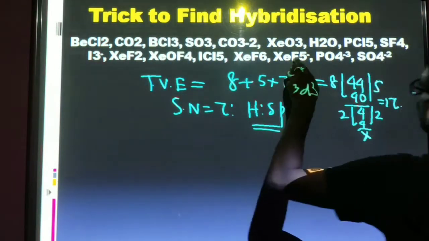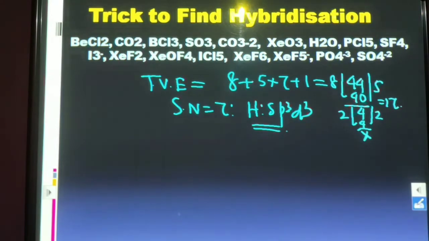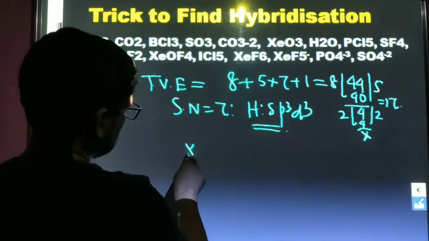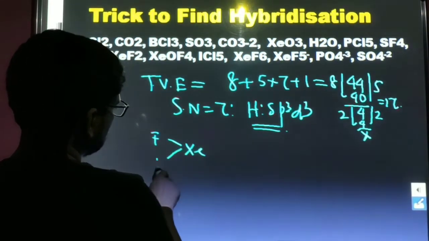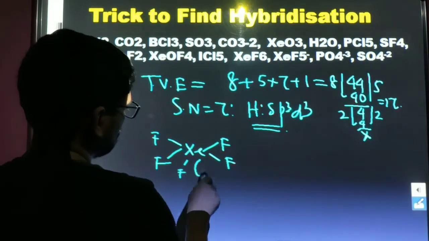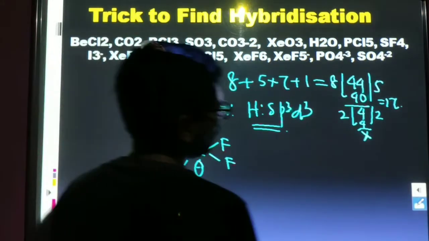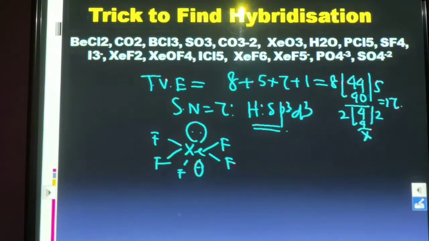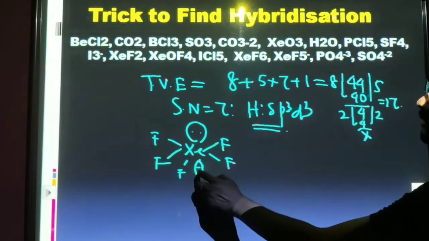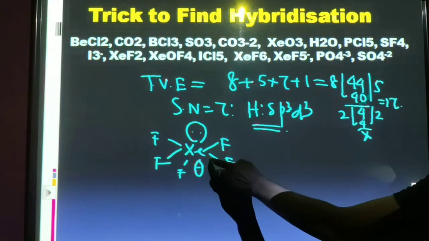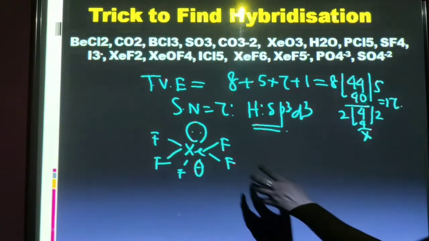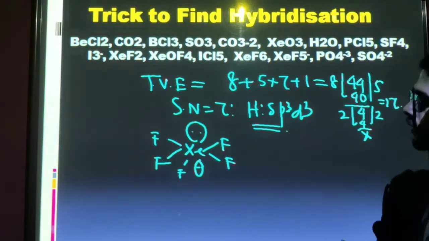So for XeF5 minus, the hybridization will be sp3d3, like xenon. Let me draw the structure. Like that we can draw the Lewis structure: 1, 2, 3, 4, 5 sigma bond pairs and 2 lone pairs, 1 and 2. So 5 plus 2 is 7, and the hybridization will be sp3d3.